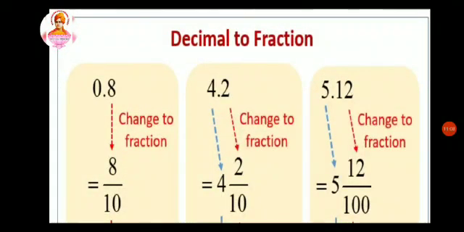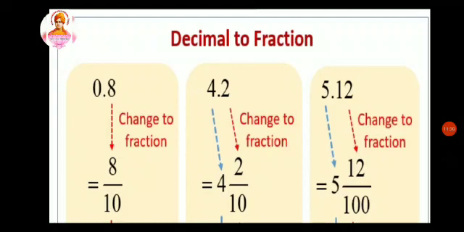Then how can we convert a decimal number into a fraction? Let's see. Here I have a number 0.8. You all know it is a decimal number because it has a decimal point. Then how can we change it into a fraction?